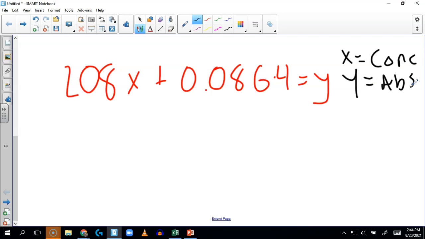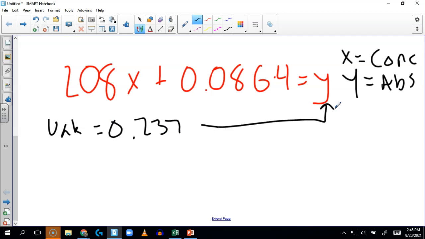You'll have 2 pieces of data that you need to plug in here. For me, my unknown had an absorbance, so a y value. My unknown had an absorbance of 0.237. Because that's my absorbance, that's going to get plugged in here.